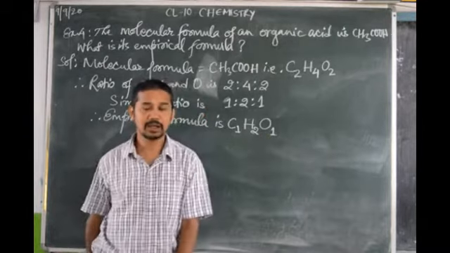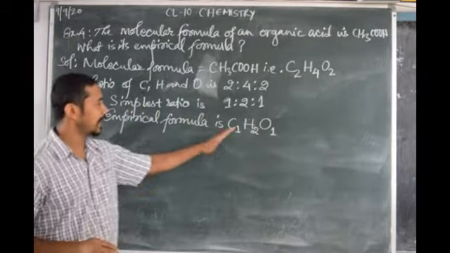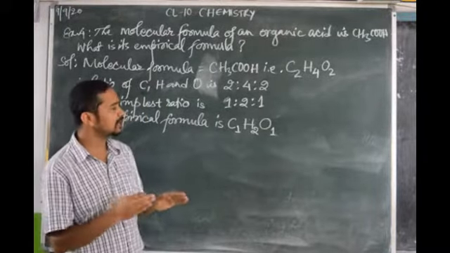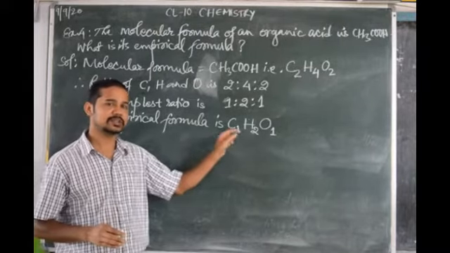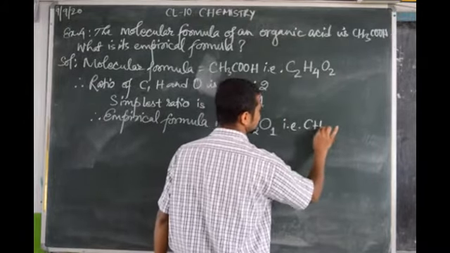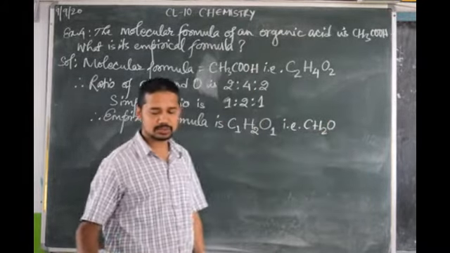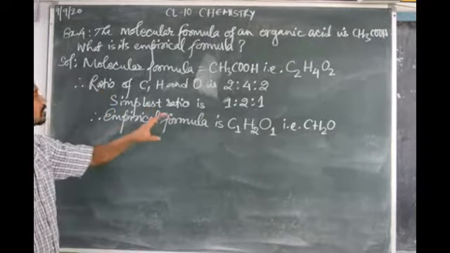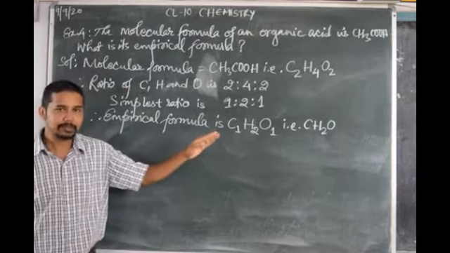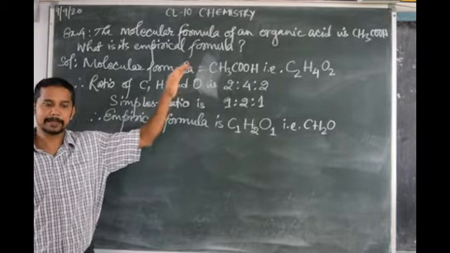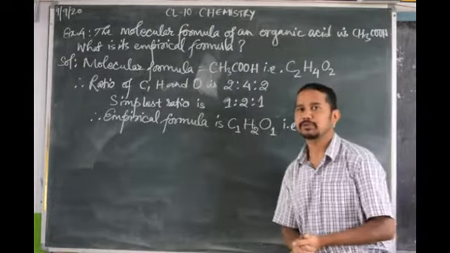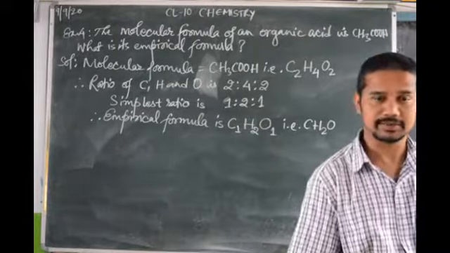This becomes your empirical formula. And what we learned while writing molecular formulas is that you can ignore the subscript if it is 1. That means you can write CH2O. CH2O is the empirical formula of this organic acid. This is how we can determine the empirical formula if the molecular formula is given.